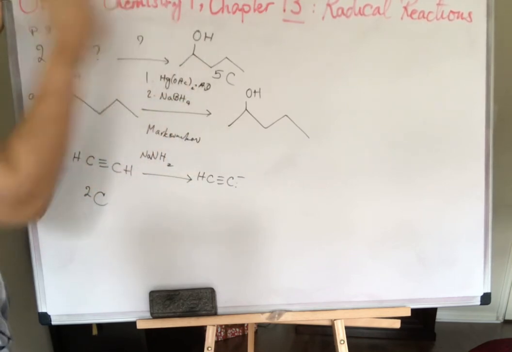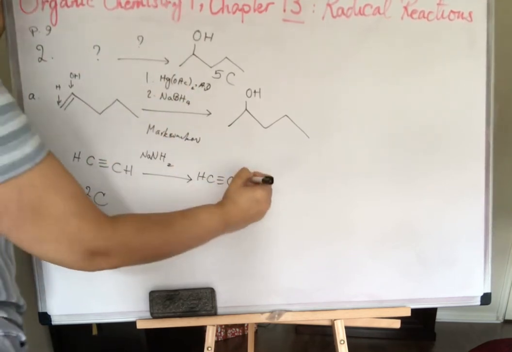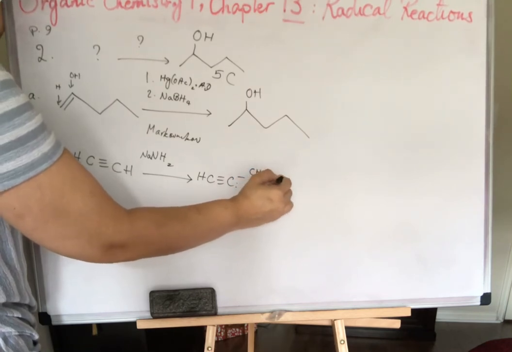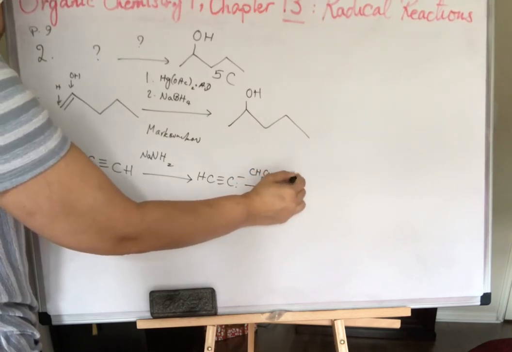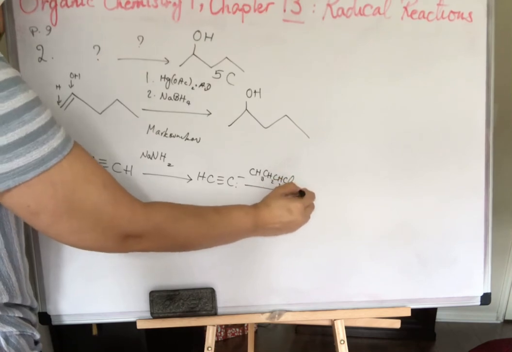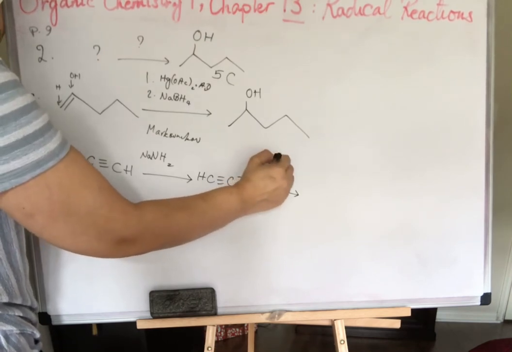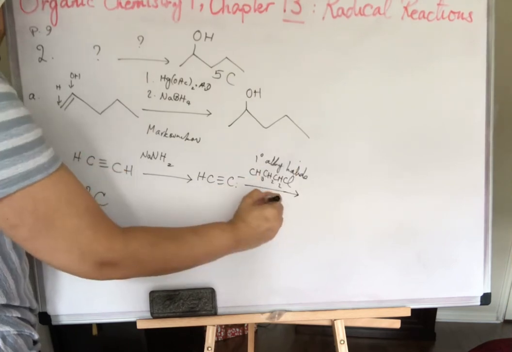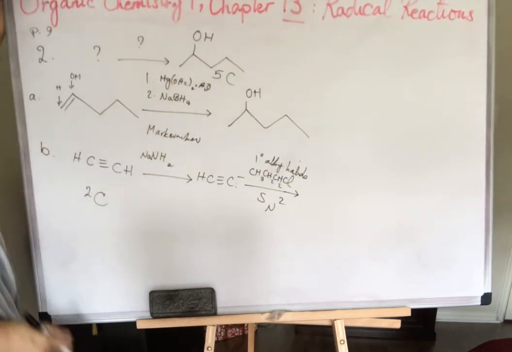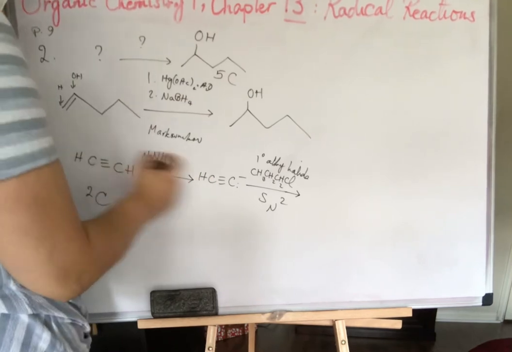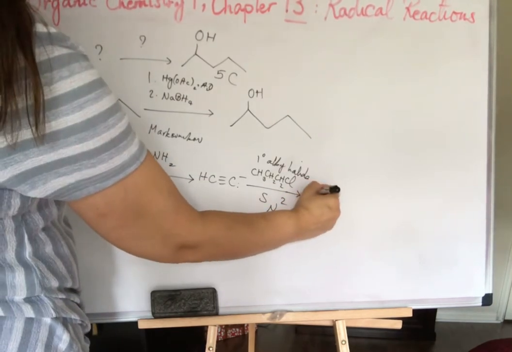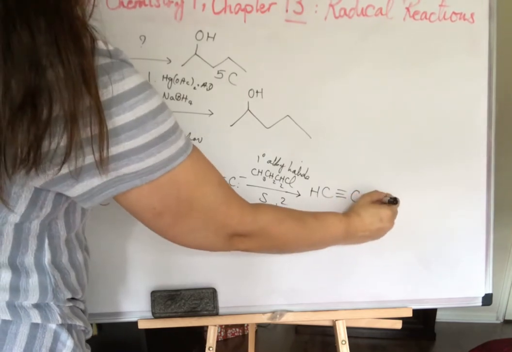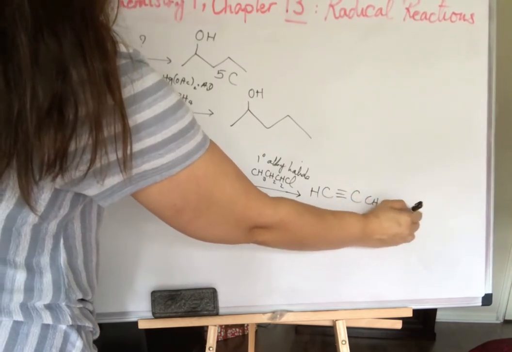Then you need to make it a 5-carbon hydrocarbon, so you need 3 more carbons, 1, 2, 3, in the form of a primary alkyl halide, right? Because a primary alkyl halide reacts by SN2. So that's why you must have a primary alkyl halide. So then you have this, 2, 3, 4, and 5.